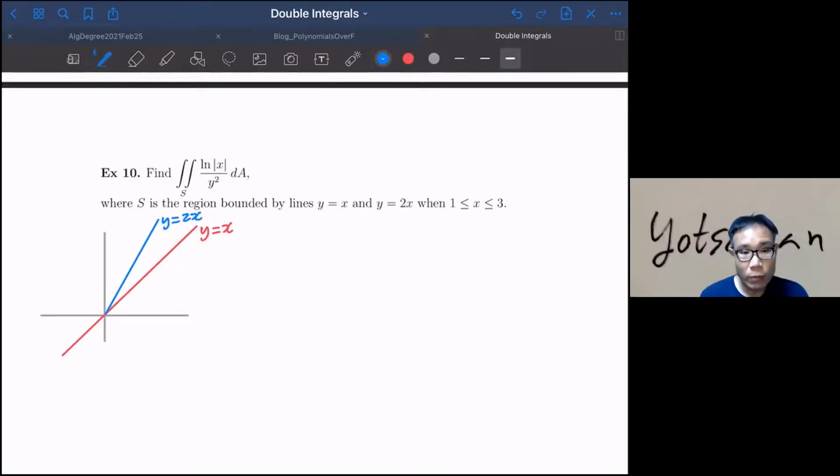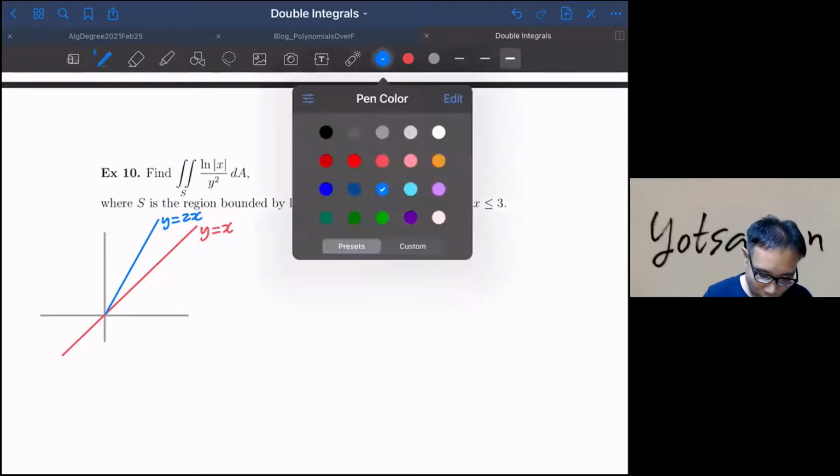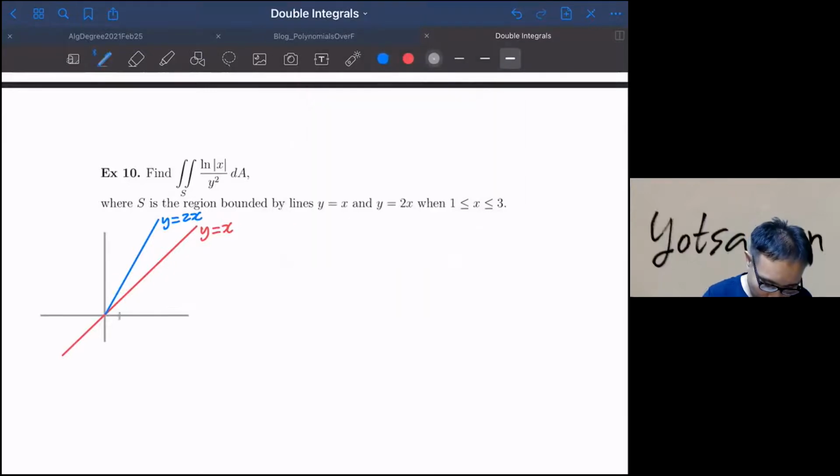Okay, so you have y equal to x and y equal to 2x. And you have x gonna run from 1 to 3. So this is 1, 2, 3. And you see that the region turned out to be this one. Okay, so it's gonna be from 1 to 3.